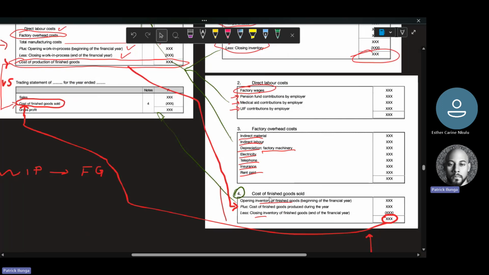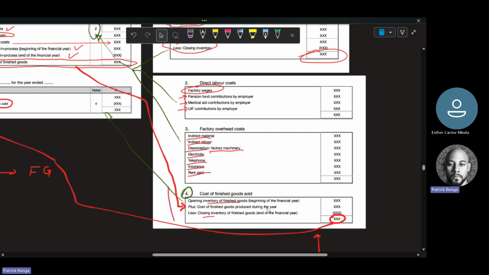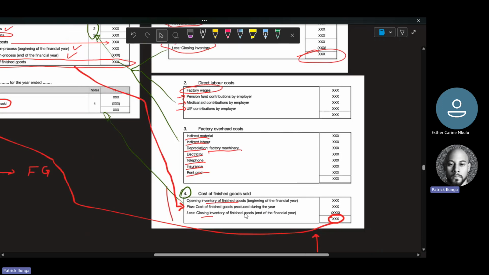So this is what allows you to get this cost of finished goods sold. Opening plus all the finished goods that we produced this year.